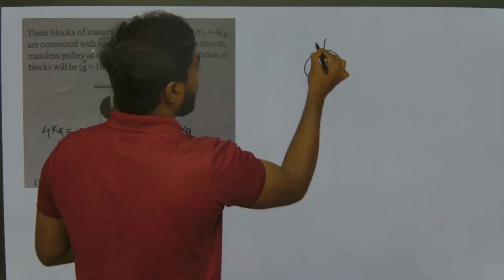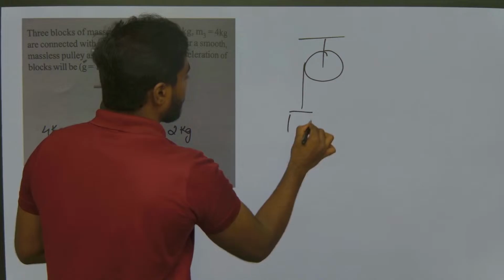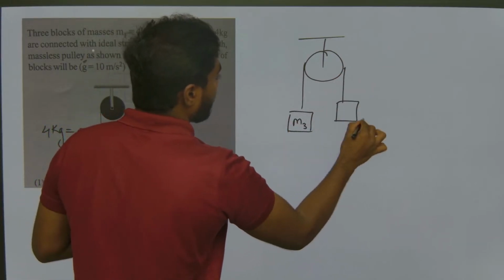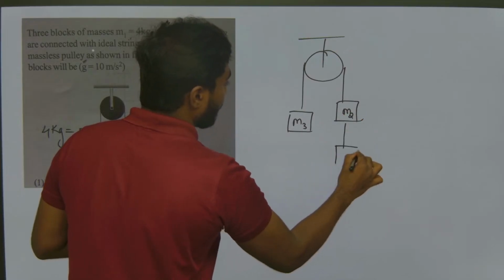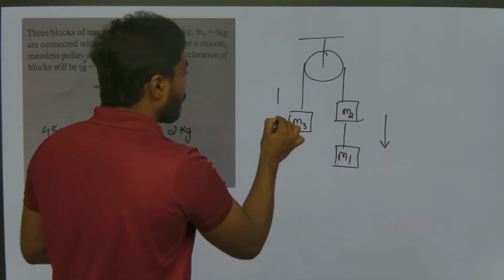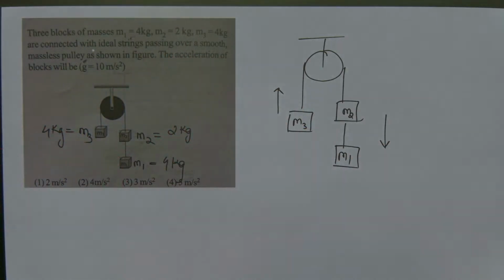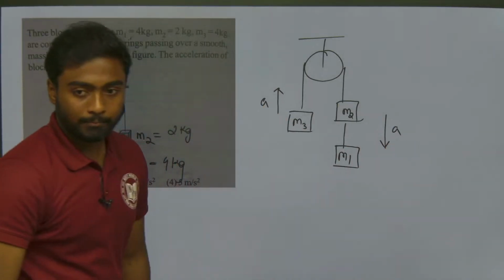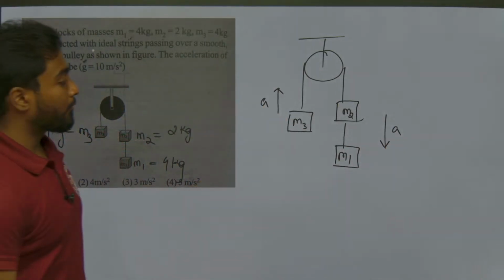This is my pulley, this is my mass M3 and this is my M2 and this is my M1. It will be going like this, correct only, no? My acceleration direction is in this direction. So what will happen?